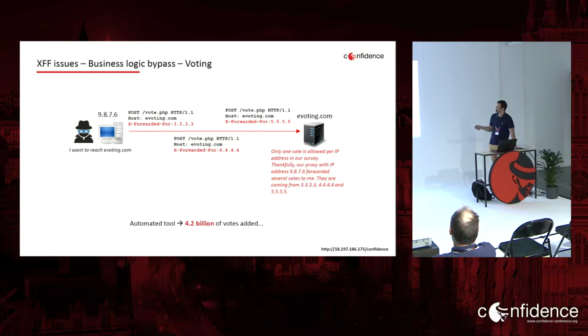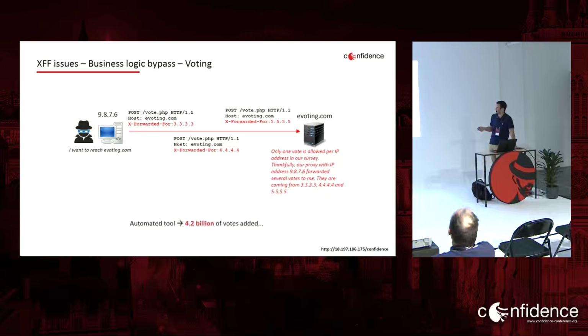In that case, again, if the application is not configured properly, it is possible to send multiple requests coming from different IP addresses. Despite the fact that this application is configured to allow only one vote per IP, we are able to bypass this mechanism by using multiple X-Forwarded-For header values.